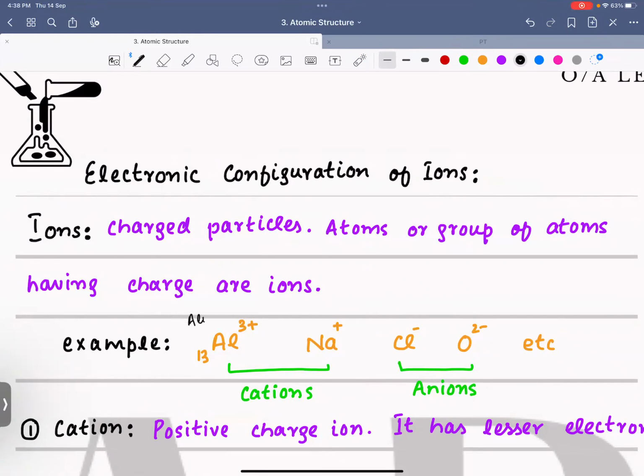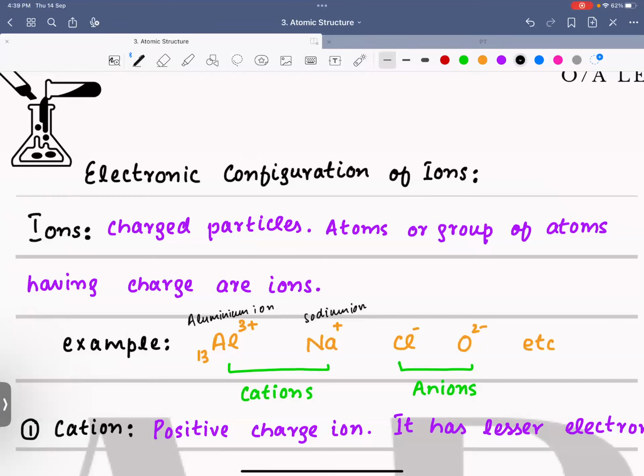Its name is going to be aluminium ion. Then what will be the name of the next ion? Sodium ion. Then what will be the name of the next ion? Chlorine ion and oxygen ion. Okay. So this thing is different.